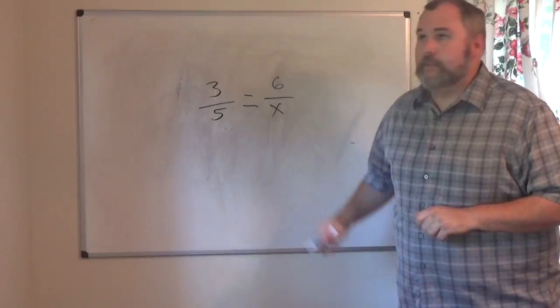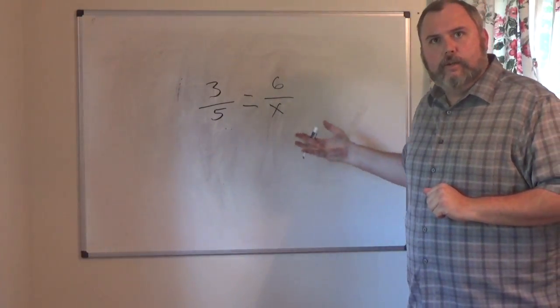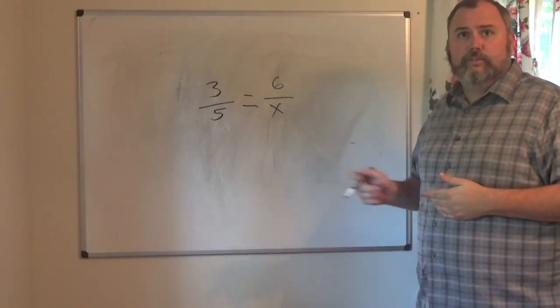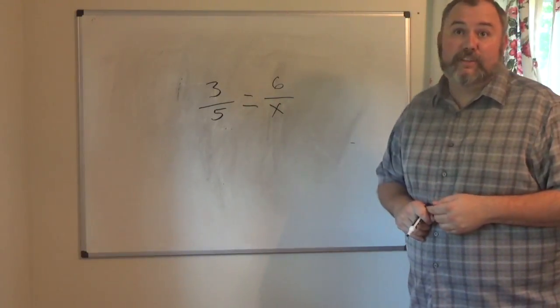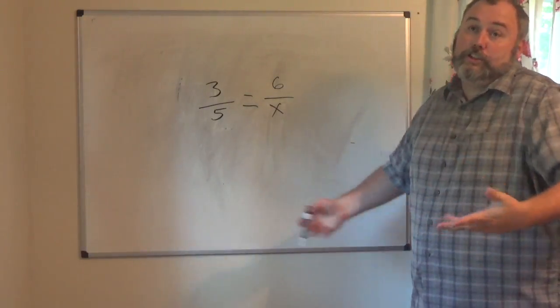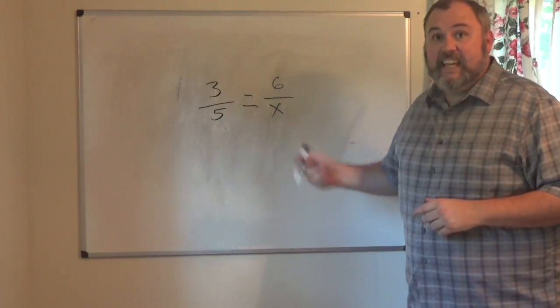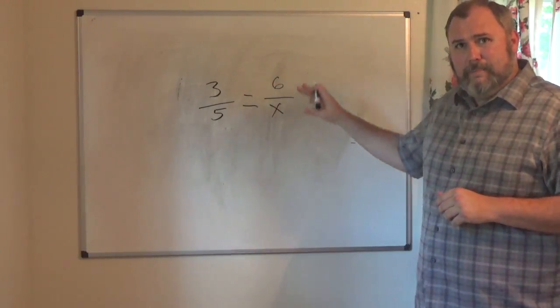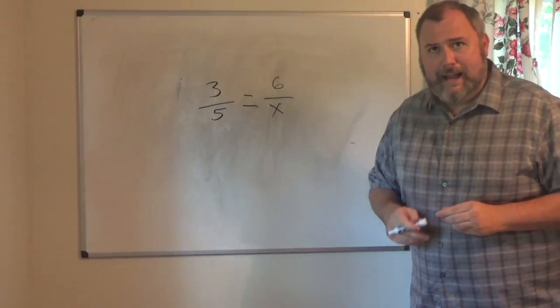I'm going to give you this: 3/5 is equal to 6/x. Your job is to solve for x. We already know the answer to be 10 because I just showed it to you. But if I give you this, how do we go about doing that? Well, I'm going to pause the video, clean my board a little bit better, and we'll come back.